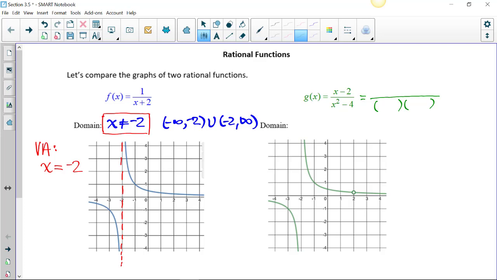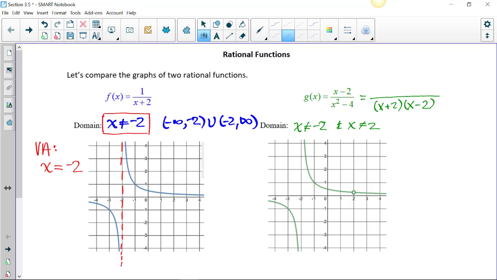So this is a difference of two perfect squares. So it factors into a sum and a difference of the same two terms. Okay, so here I can see that my domain is all real numbers except for -2 and 2. So those are the real zeros of the denominator.